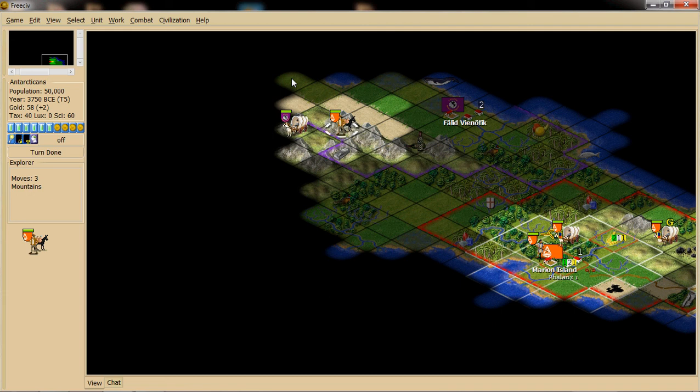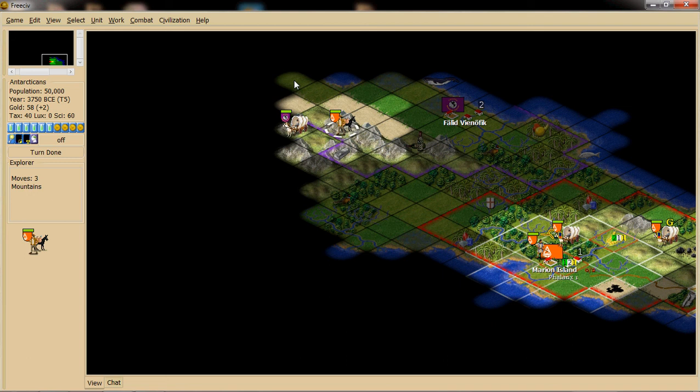However, since the settler is within my explorer's zone of control, he also cannot move up one tile to that desert right here that would be in the zone of control of this unit. It's not limited to just one unit.